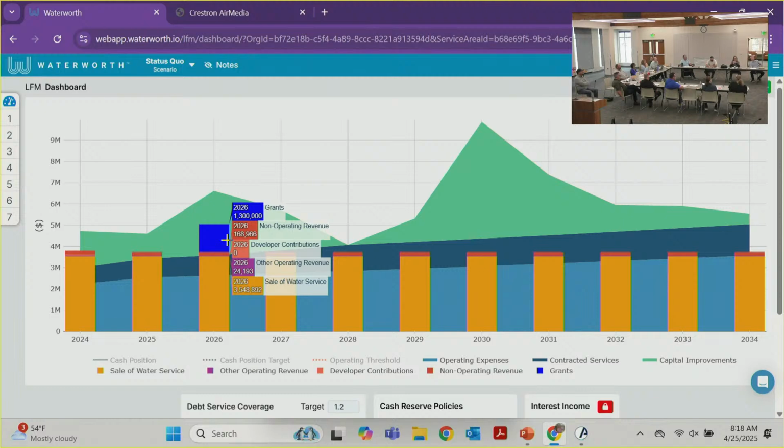Sale of water, this is ARPA money, and what did you say? Interest. Any sale of assets, like if we sell a vehicle or equipment, connection fees, it's classified as non-operating revenue. So anything that is not a water sale, so interest earnings, connection fees, something like that, that's the increment there.